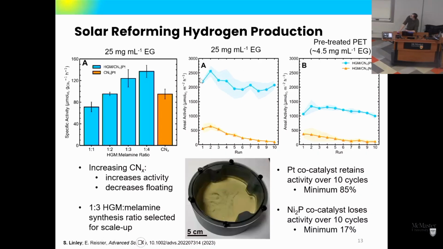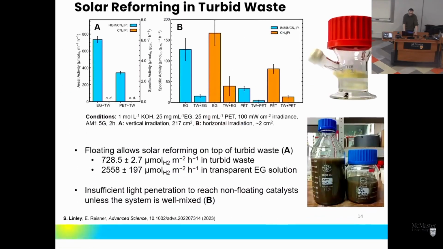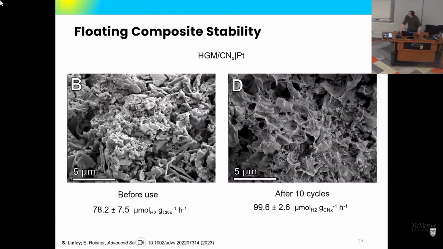We think the reason that we're getting lower and lower activity over the course of these runs is because we are actually losing the composite itself, right? These glass microspheres are fragile. As they break, we get some of this material settling out, and it's no longer usable as a recoverable photocatalyst material. So the purpose of this slide down here is just to show that the actual activity of this material isn't changing after use on a mass normalized basis.